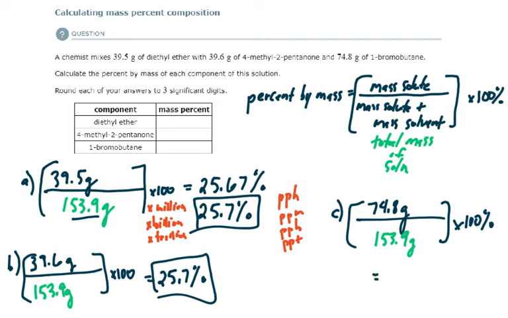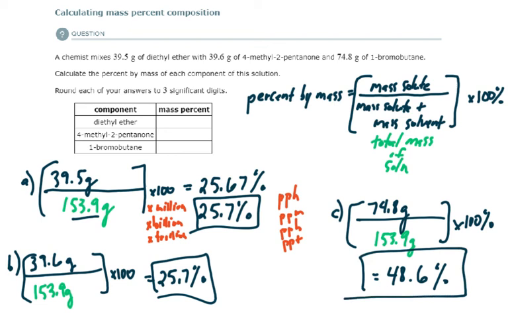So we have 74.8 divided by 153.9, times 100, and we get 48.6%, rounded to 3 significant digits.